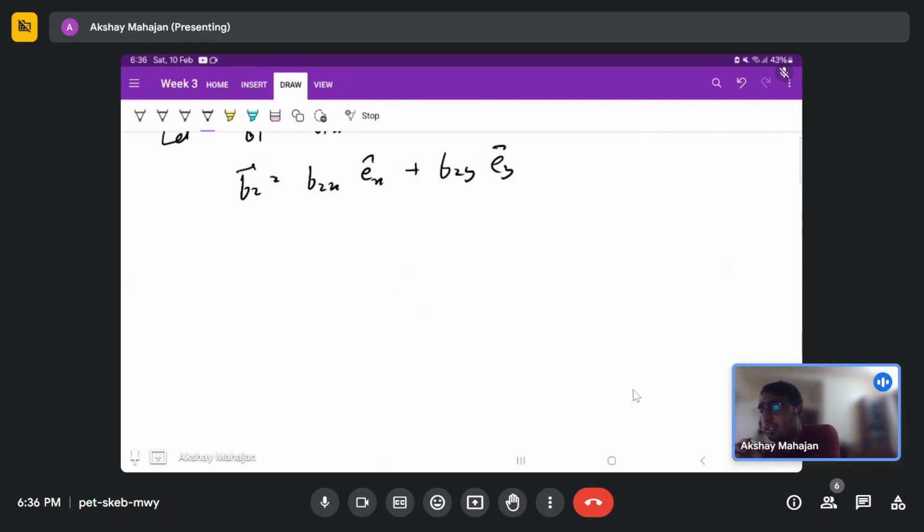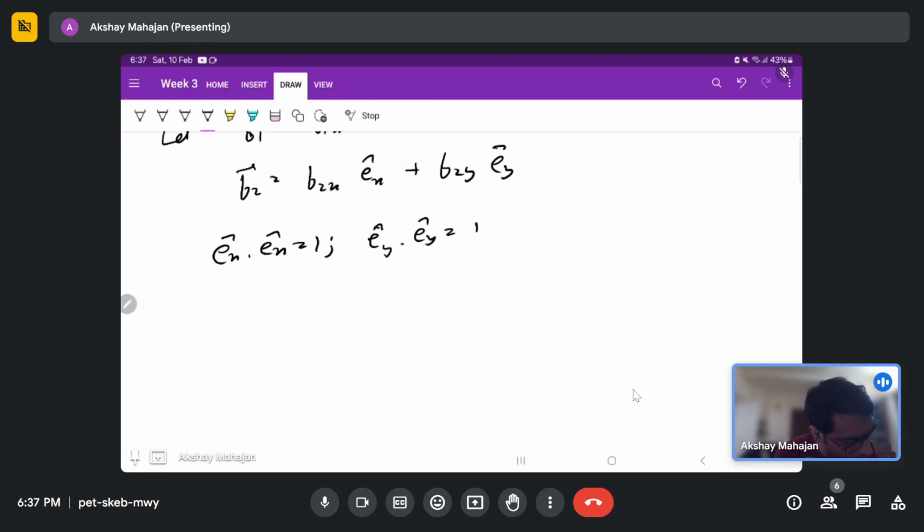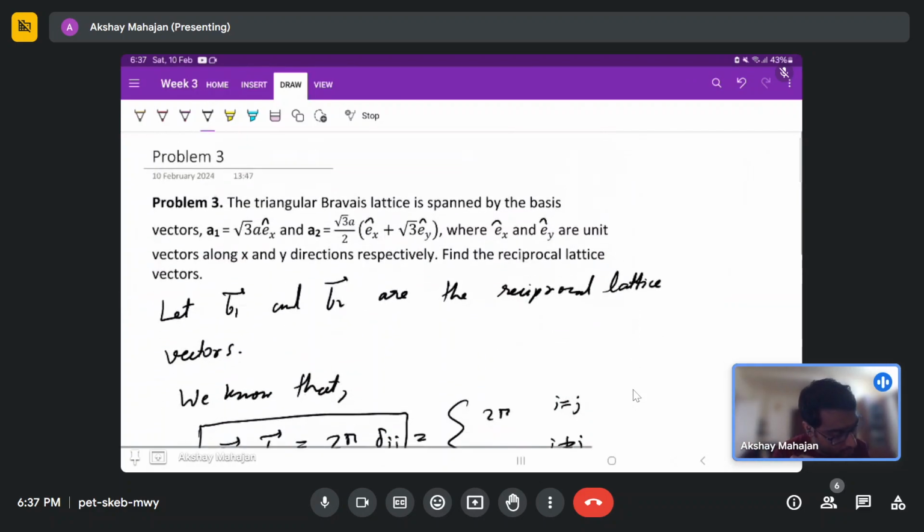From here we also know that ex cap dot ex cap will be 1, ey cap dot ey cap will be equal to 1, and ex cap dot ey cap will be equal to ey cap dot ex cap equal to 0, because these are unit vectors along the x and y directions.